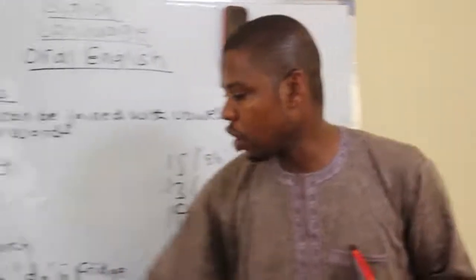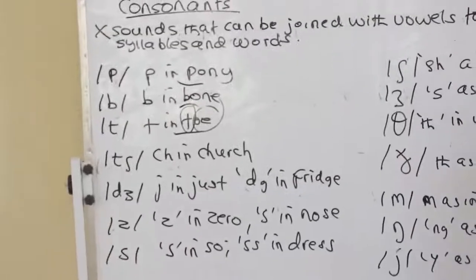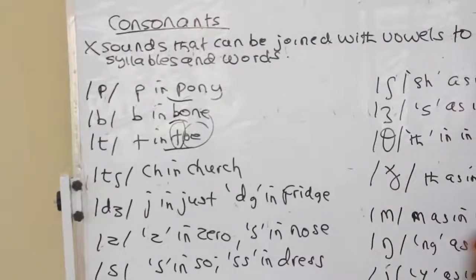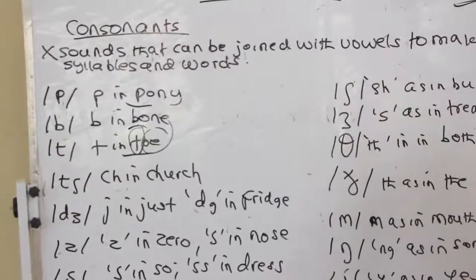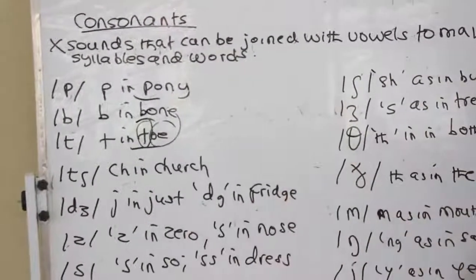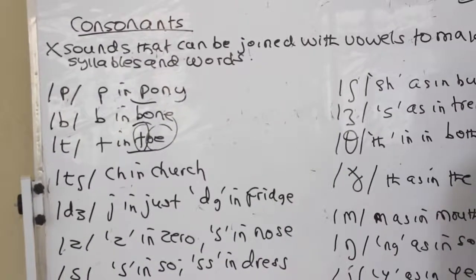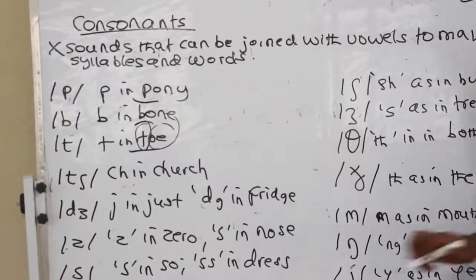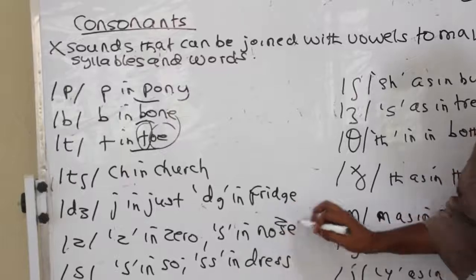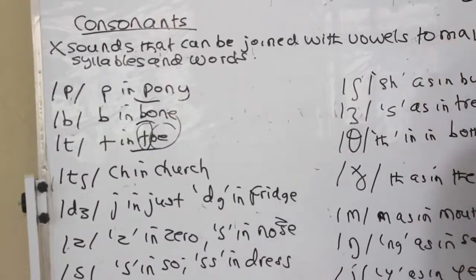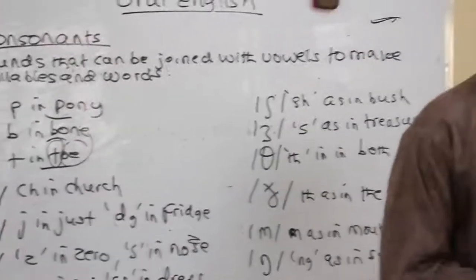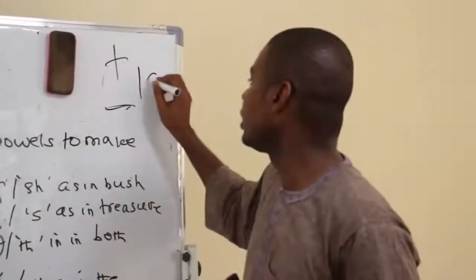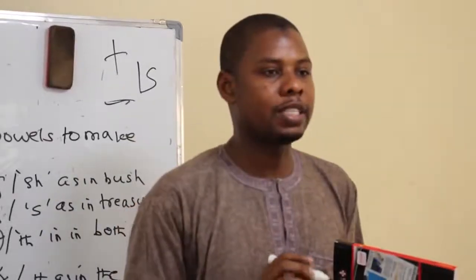Now, the next one is called z, right? And you find it in words like zero, where the Z appears. But you also find it in nose. In this case, you have the S taking the value of Z. So you don't say nos, just like you don't say is, this is also pronounced as iz.